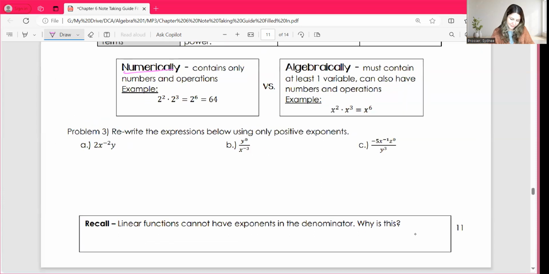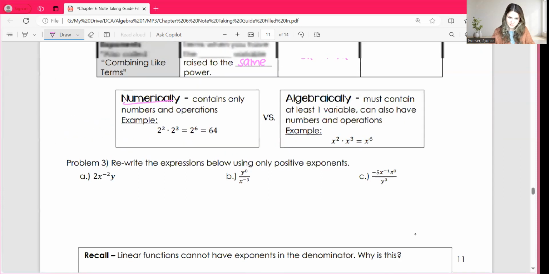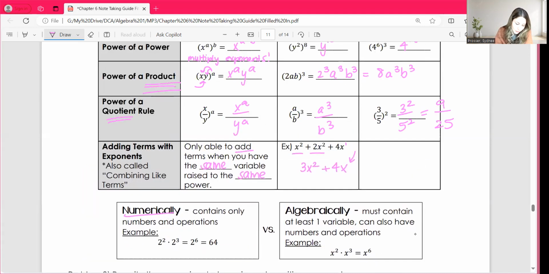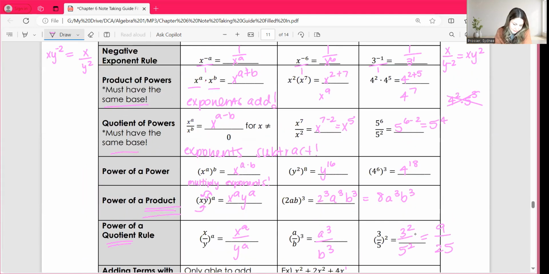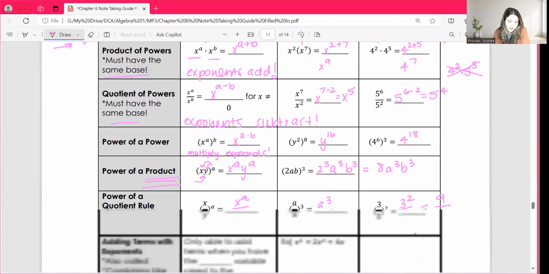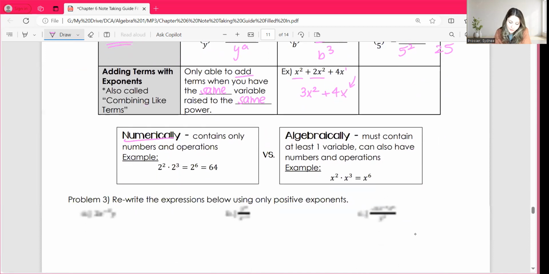In problem 3 here, okay, so rewrite the expressions below using only positive exponents. So when we see 2x to the negative 2 times y, I see I've got a negative exponent. And I look back at my rule. What do I do with negative exponents? Oh, I have to move it to the denominator to make it positive. And that's all we're going to do here.